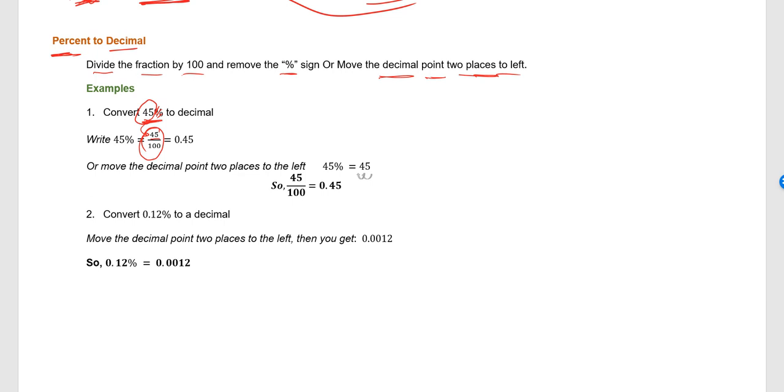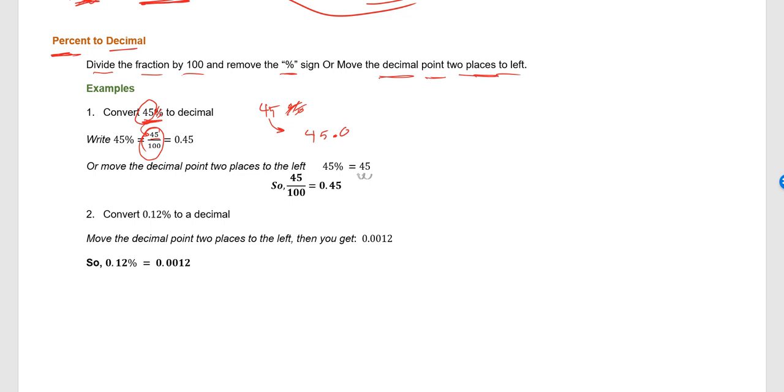Or you take the number, so in this case it's 45%. So get rid of the percent sign, take the number 45.0, and move the dot 2 places to the left. Now you're trying to go from a percentage to a decimal. When going from a decimal to a percentage, you move 2 places to the right.